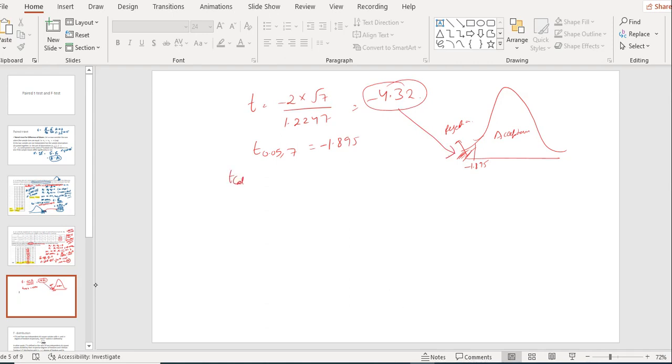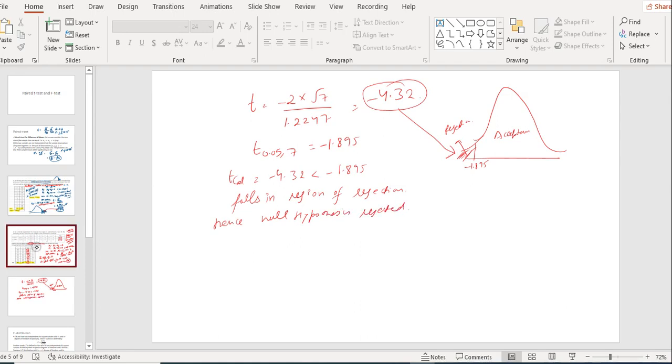So t calculated is minus 4.32, which is less than minus 1.895, so it falls in the region of rejection, hence null hypothesis rejected. So what do we conclude from here?